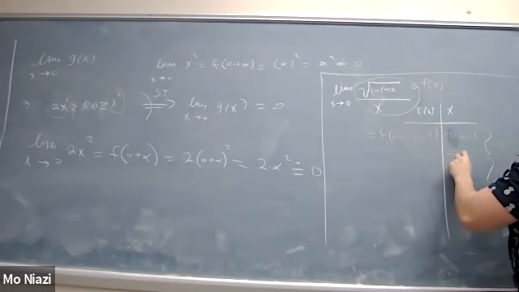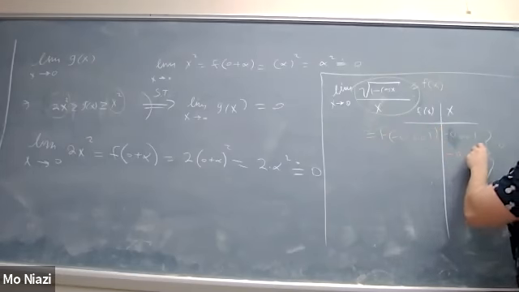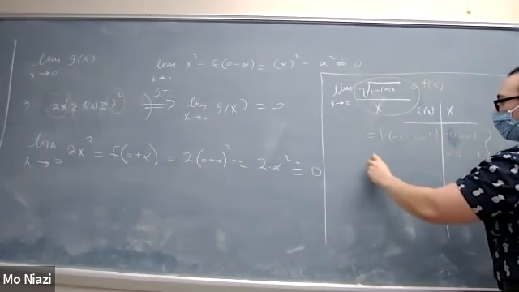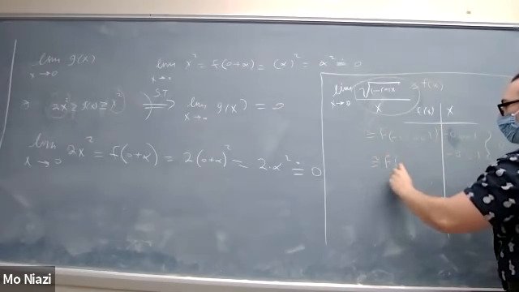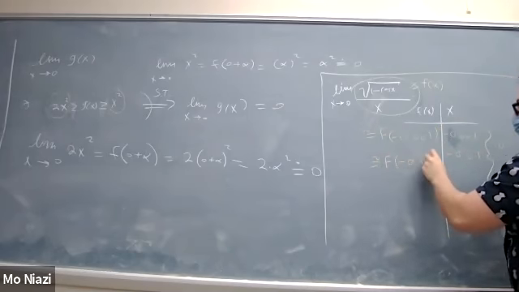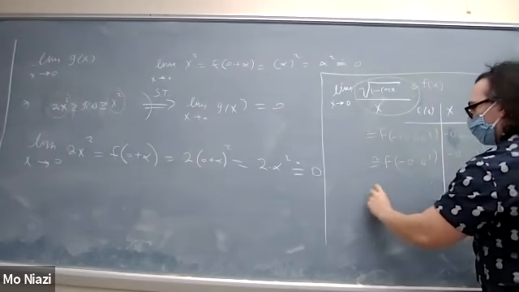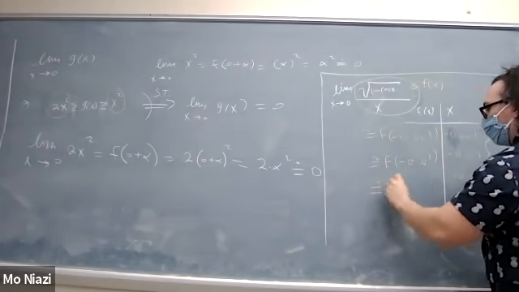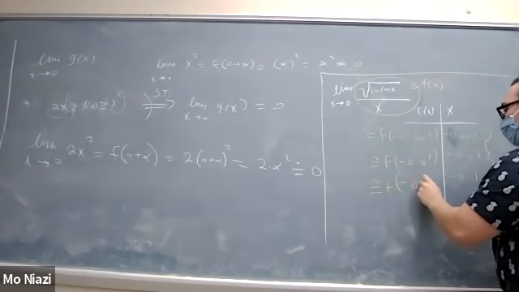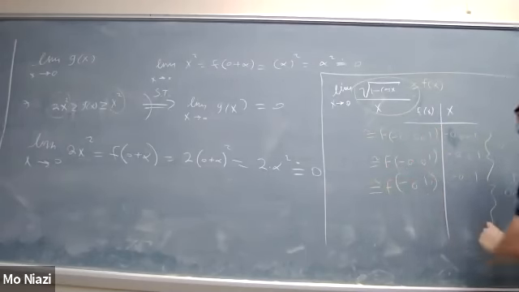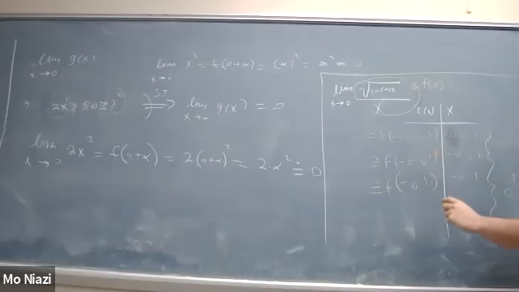Then at negative 0.01, and at negative 0.1, see what this is equal to approximately when we evaluate the function. At this point, you can use a calculator, right? Yes, you can.